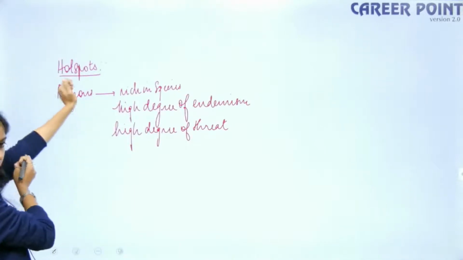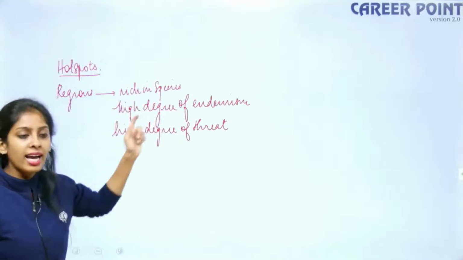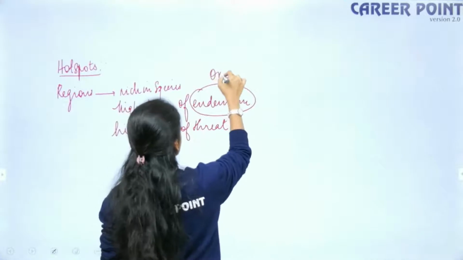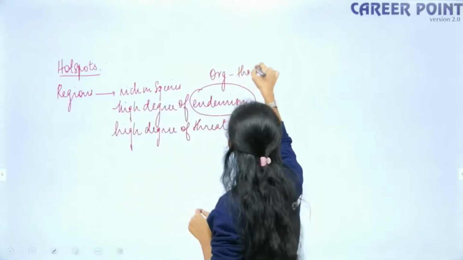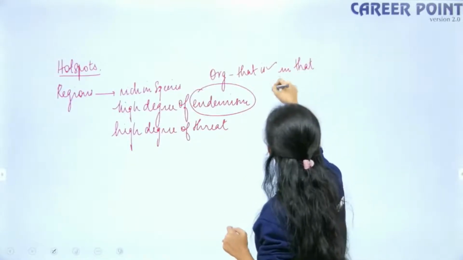So what does hotspot mean? A region which is rich in biodiversity and has a high degree of endemism. Endemism means an organism that is present in that particular region only.